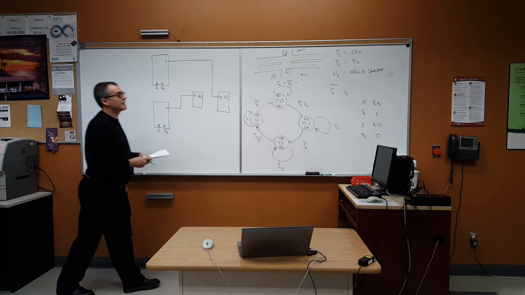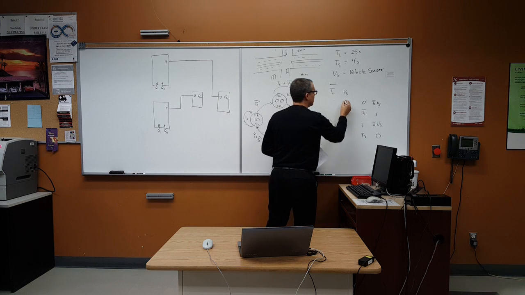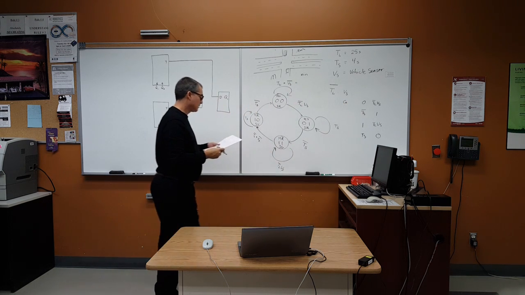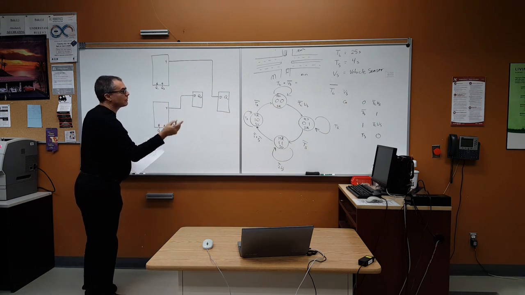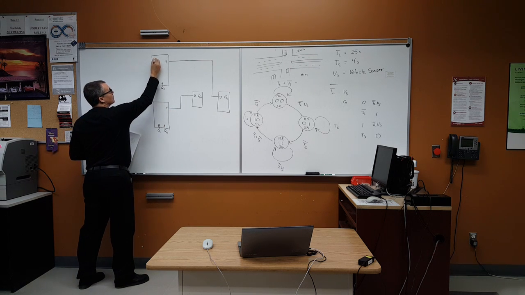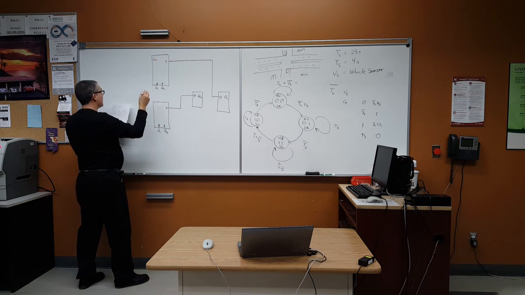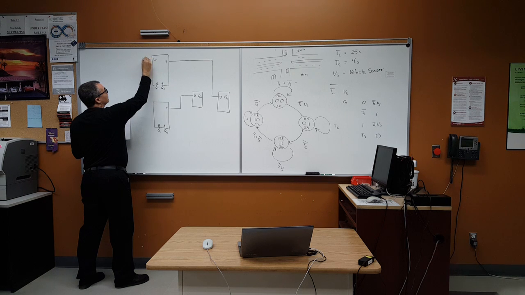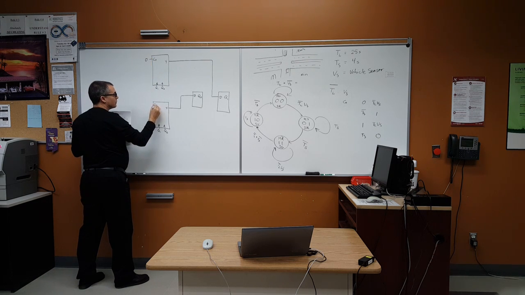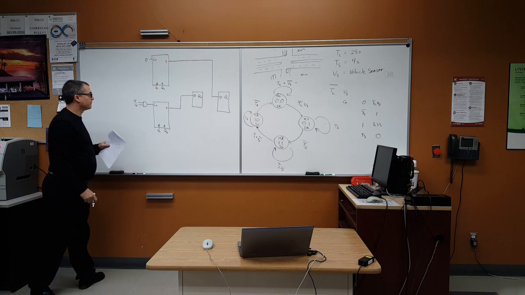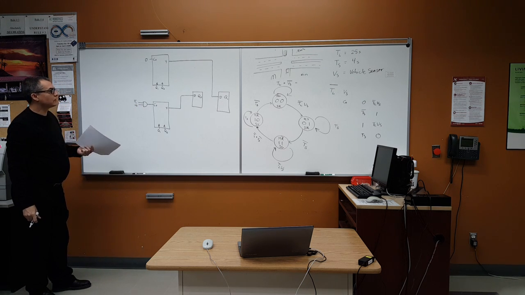So in the first state, C0, I need 0 and TLVS. So C0 on the top one goes to ground, and C0 on the first one goes to TL naught VS. Now how does that work to stay in the loop? Right?